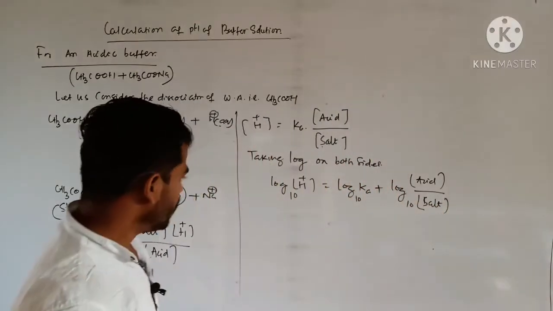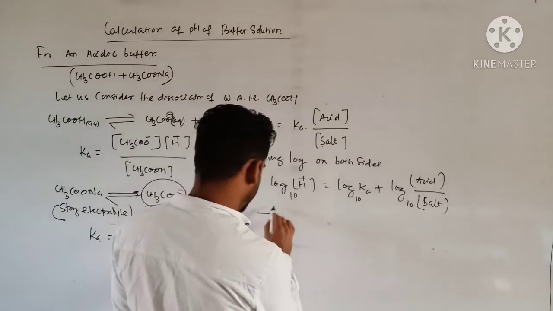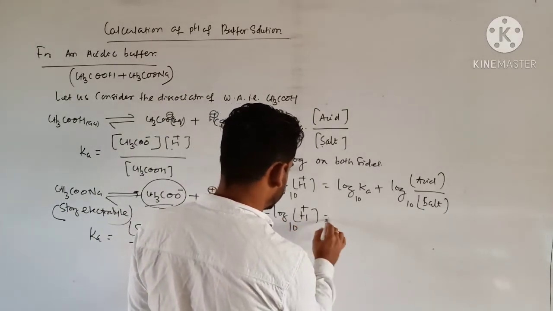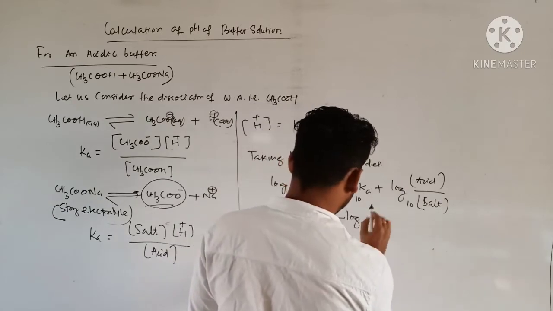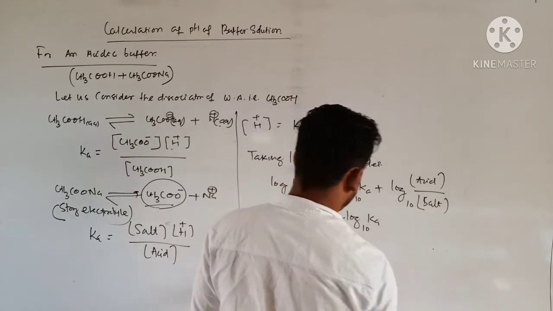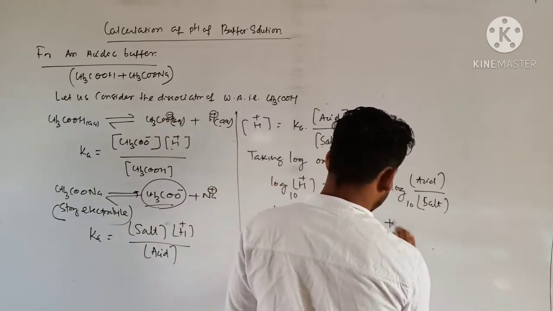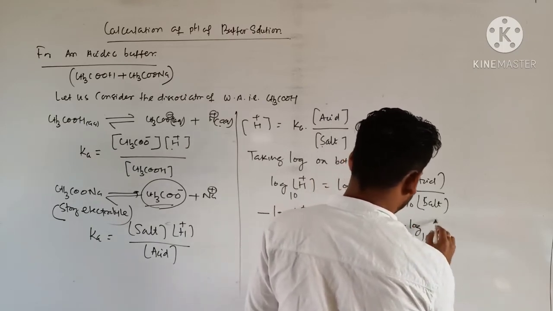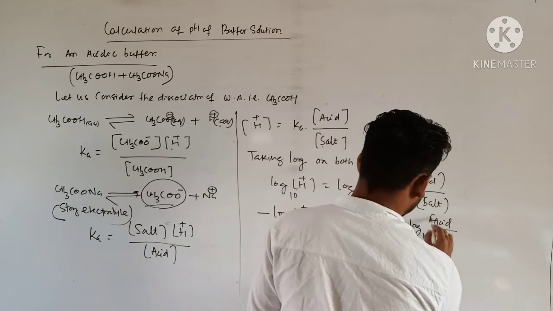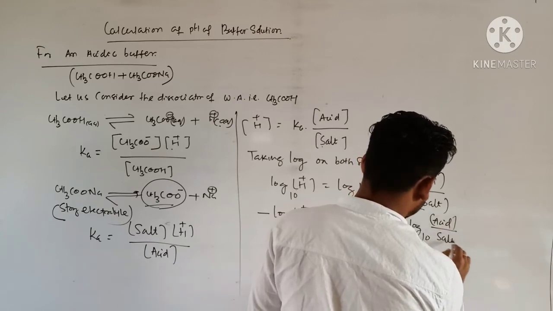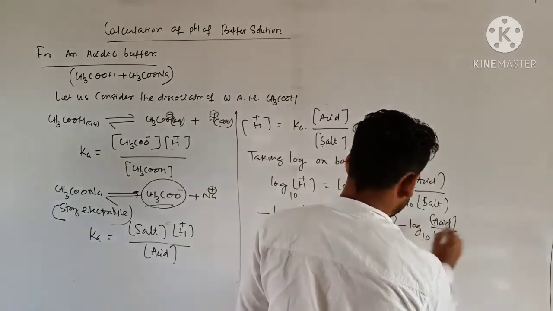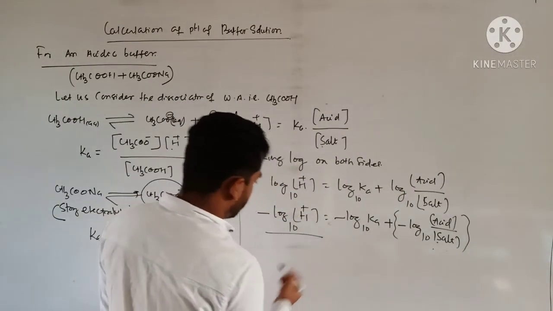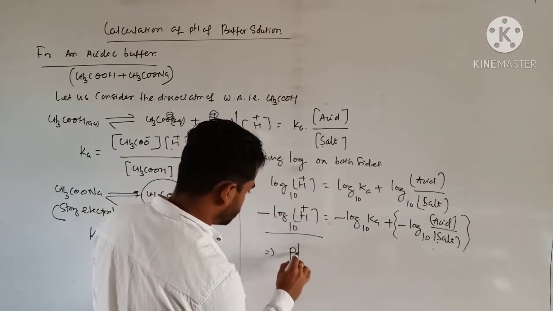Is that clear? Taking negative on both sides, so negative log base 10 of H plus ion concentration will be equal to negative log Ka base 10 plus negative log base 10 of acid concentration upon salt concentration. Is that clear? So negative log of H plus is nothing but pH.